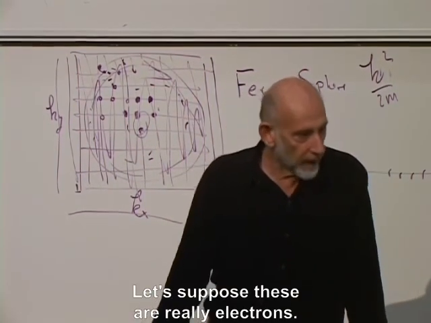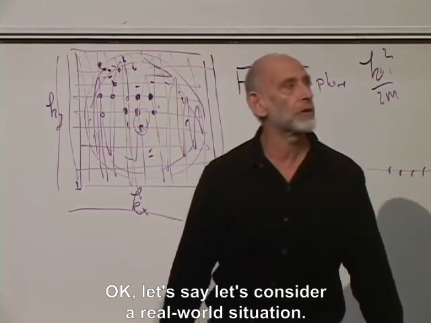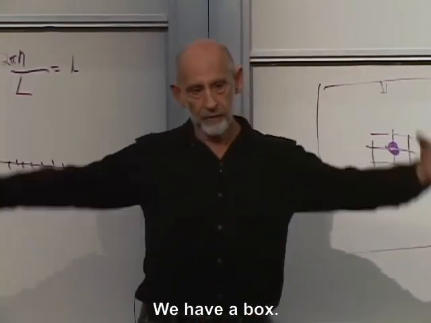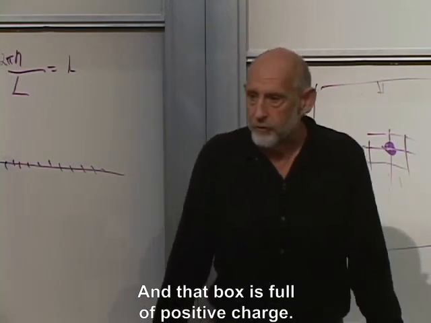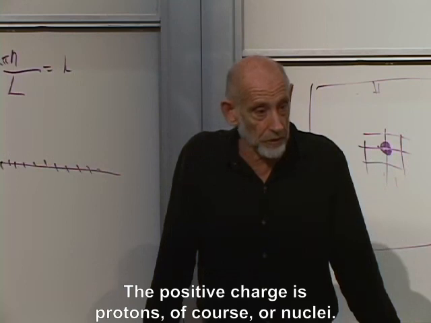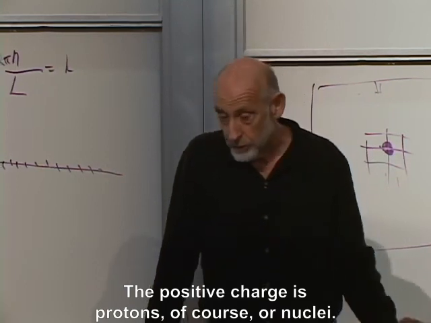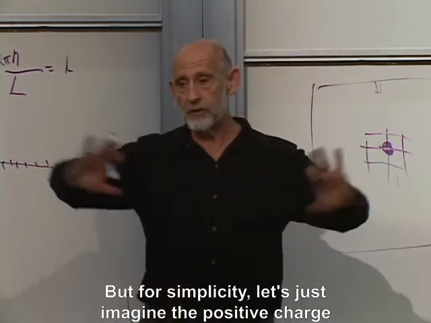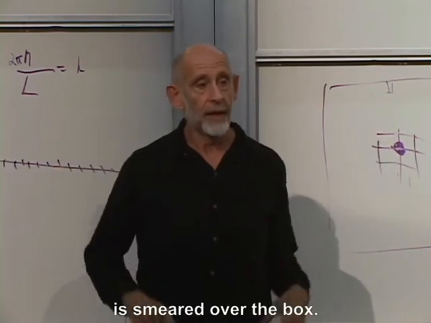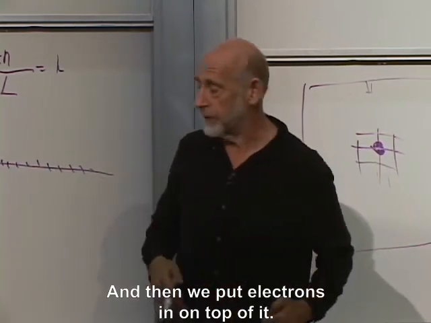Let's suppose these are really electrons. Let's consider a real world situation. We have a box, and that box is full of positive charge. The positive charge is protons, of course, or nuclei. But for simplicity, let's just imagine the positive charge is smeared over the box, and then we put electrons in on top of it.